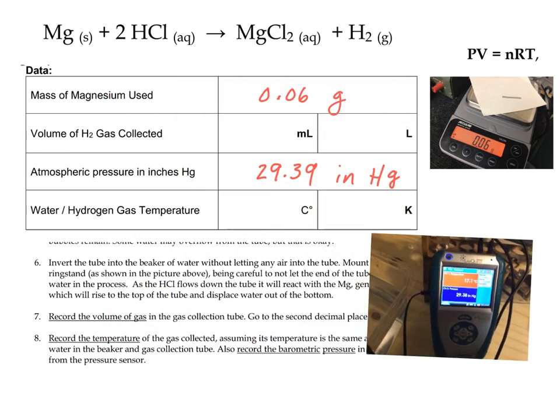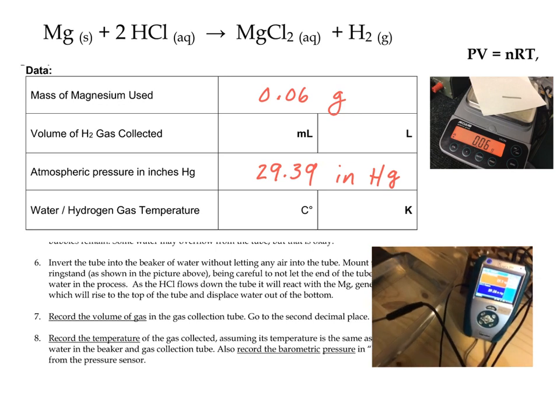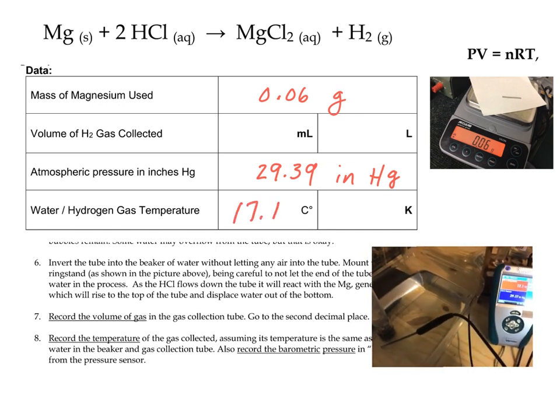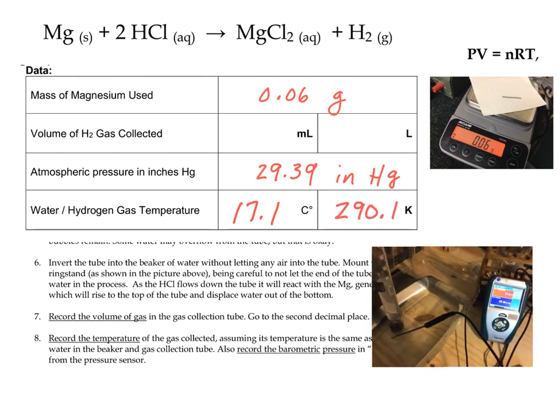So let's add that to our data table. 17.1 degrees. To get Kelvin, we just add 273. That will give us 290.1 Kelvin. Remember, Kelvin doesn't have a degree symbol.